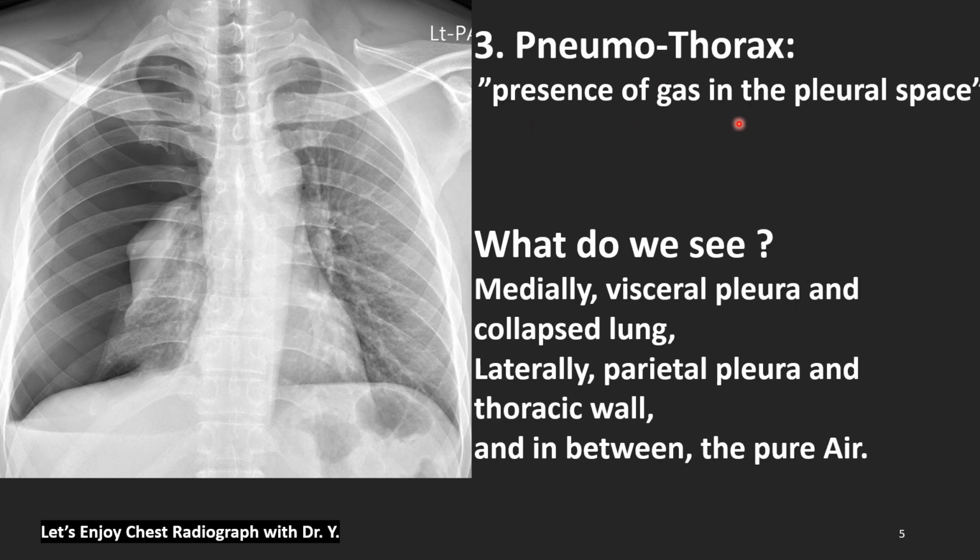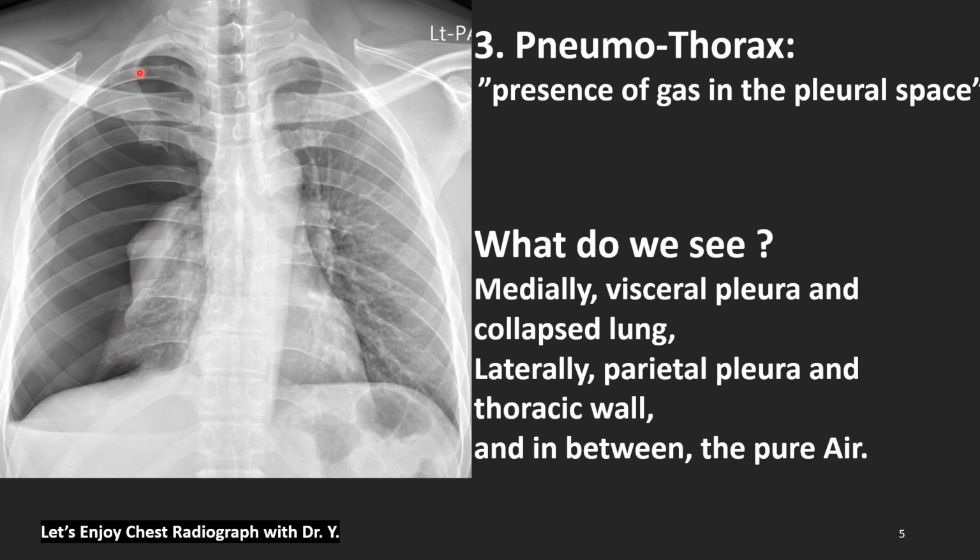Presence of gas in the pleural space is defined in the Fleischner Society as pneumothorax. What do we see actually on the film? Medially, this is the visceral pleura, and inside, these are all collapsed lungs.